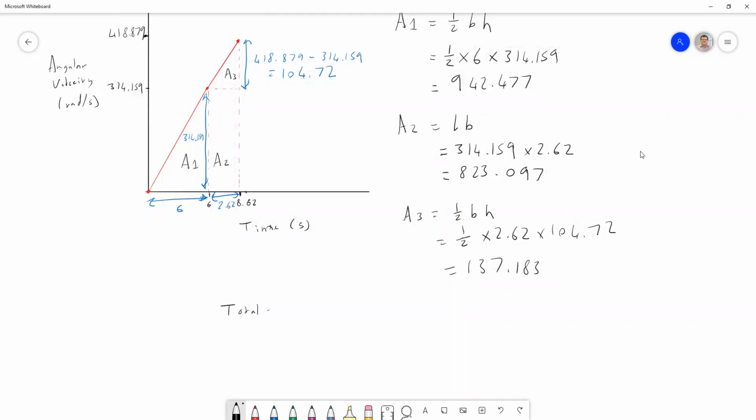So our total area is equal to the total angular displacement of the motor through both stages. That's 942.477 plus 823.097 plus 137.183.